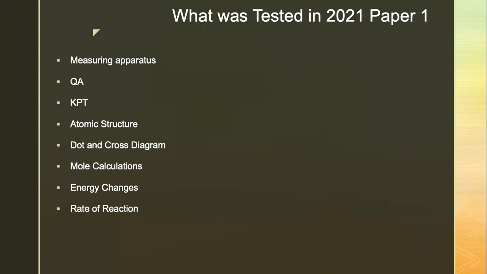In the chemistry paper, for paper 1, there were questions related to appropriate measuring apparatus for experiment. There was a question related to QA, where students need to know the reagents to test for cations and anions.